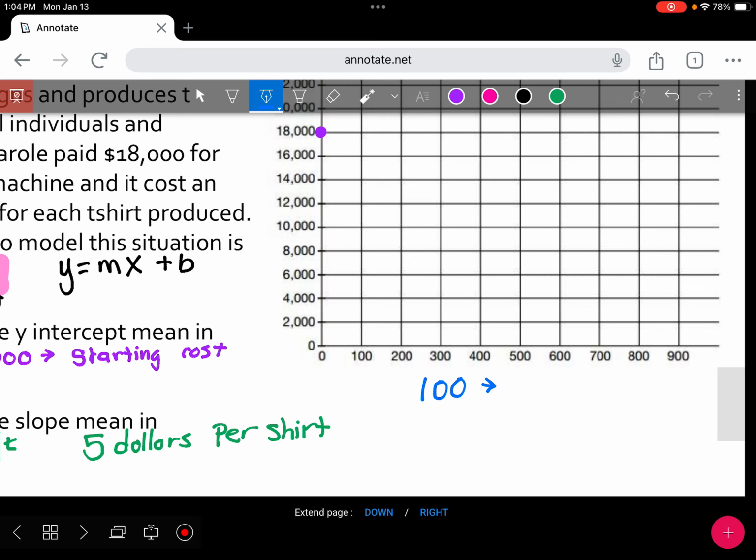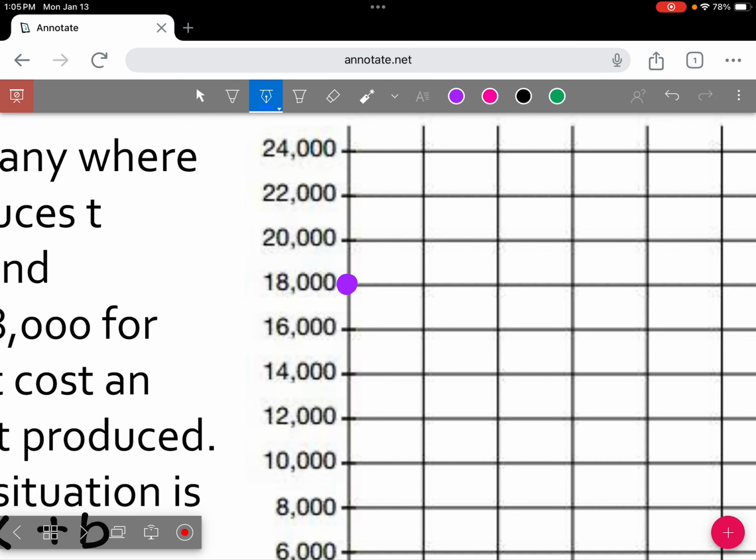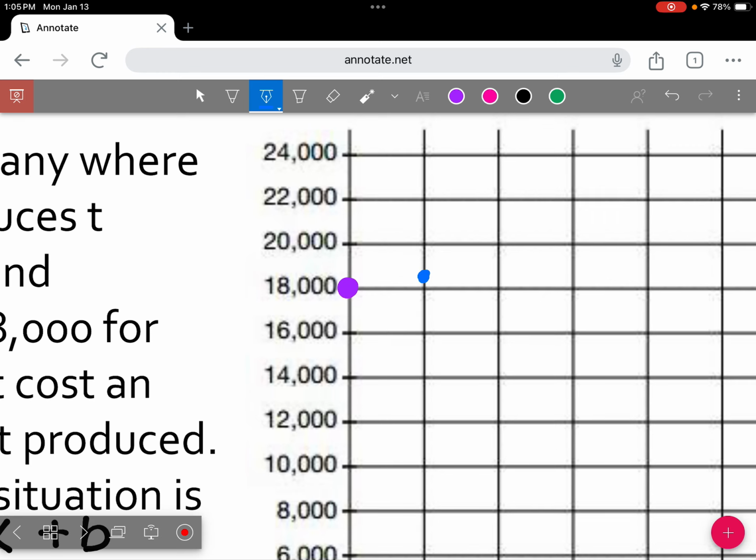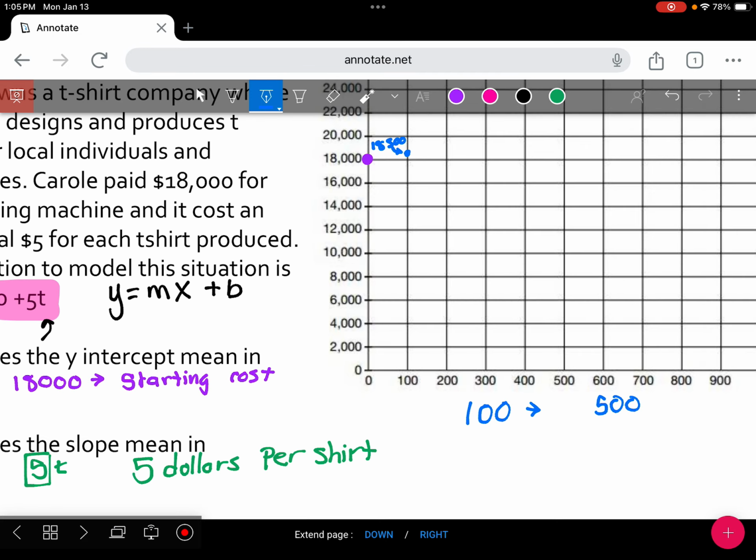So how much would she be out money-wise? So it would be the $18,000 plus the 500. So for 100, her costs are right around here at that 18,500. That's what this is. And I know it's super tiny right there.